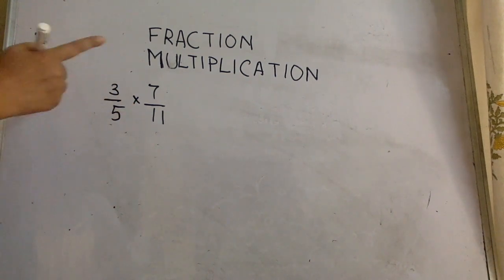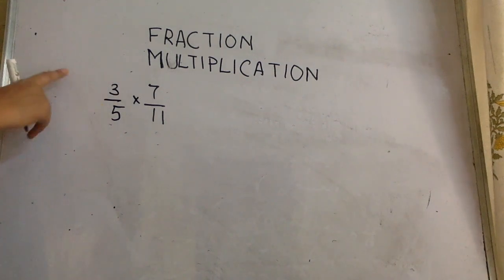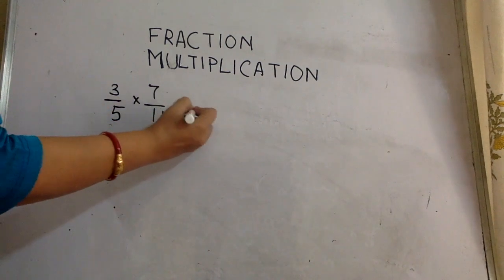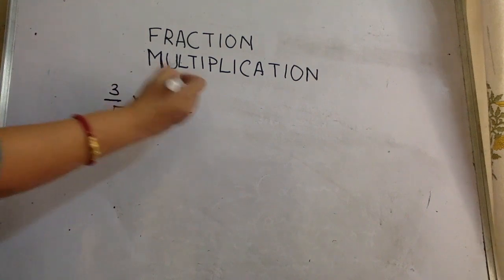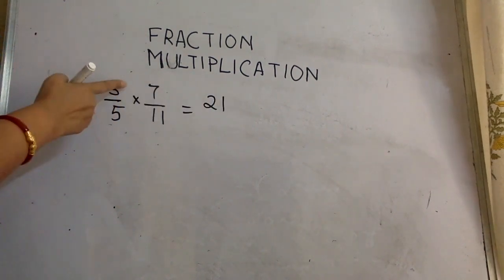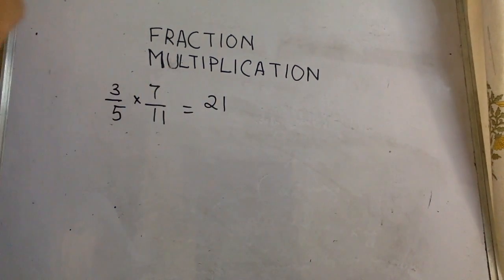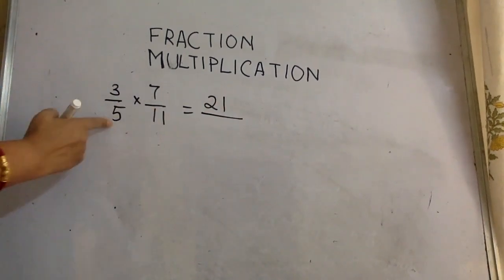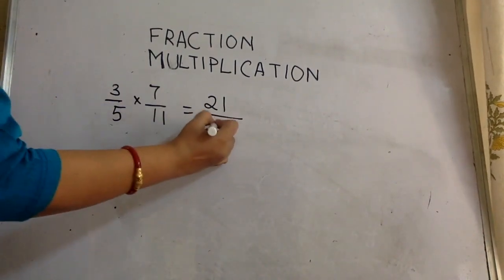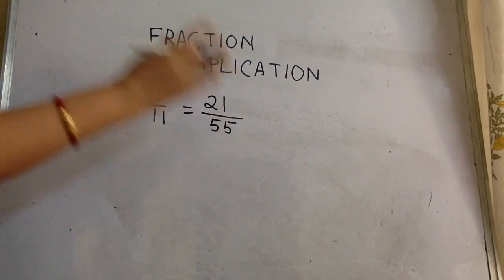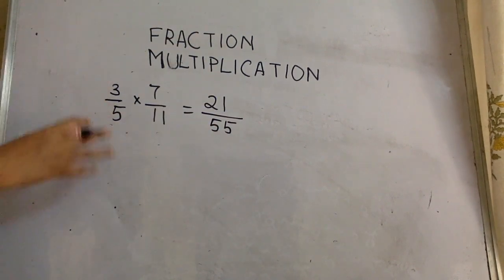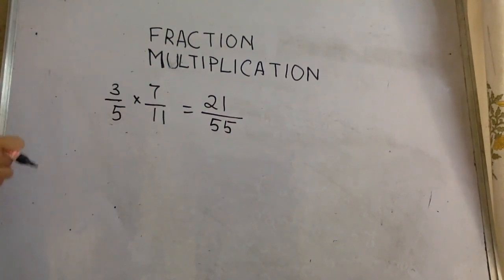Then all I do is 3 into 7 is 21. That is, I multiply numerator with numerator, and denominator with denominator. I just multiply and leave it like that. So I get my answer straight away with this kind of multiplication.